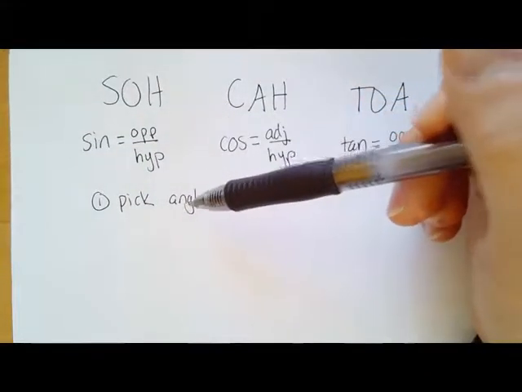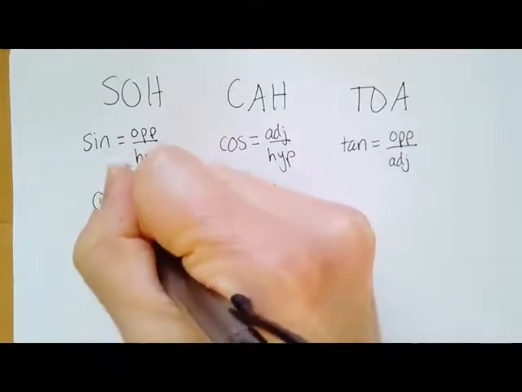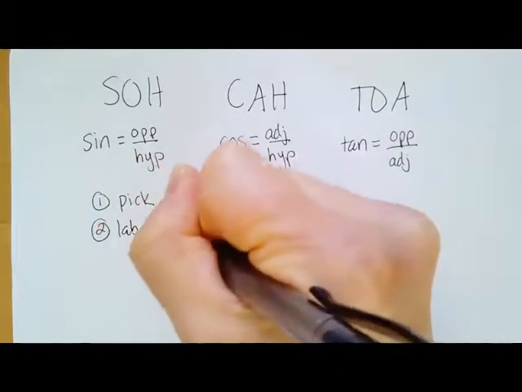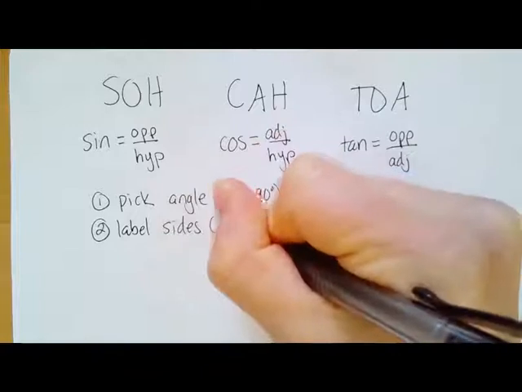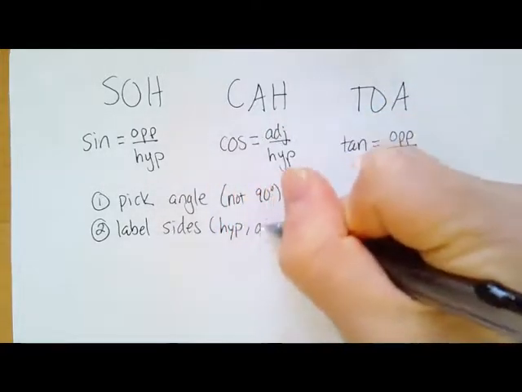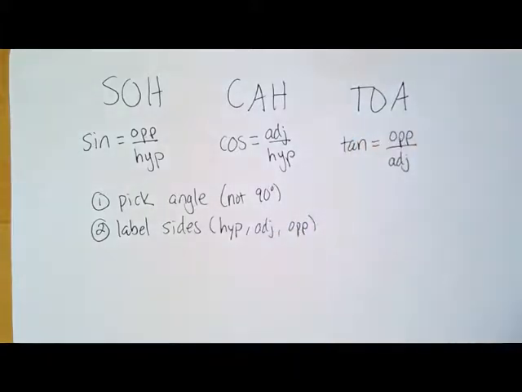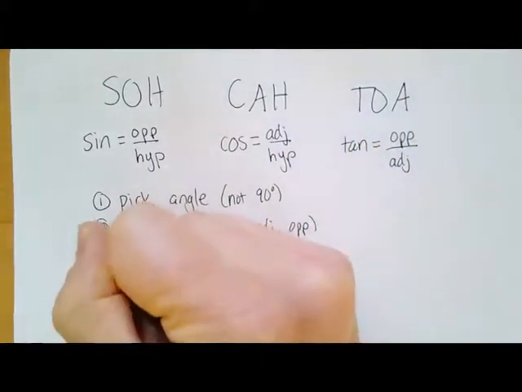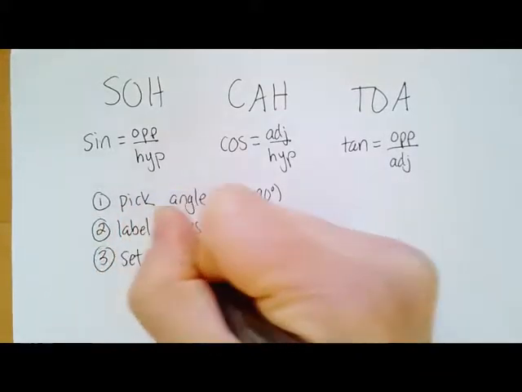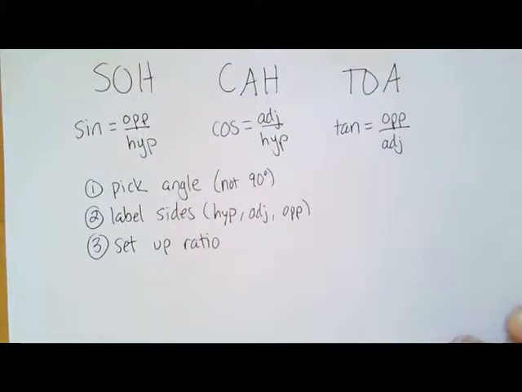And then step four will look different depending on whether you're solving for a side or an angle. So I'm going to split step four. If you're looking for a side, I'll call this step A: you're going to multiply by the denominator on both sides.